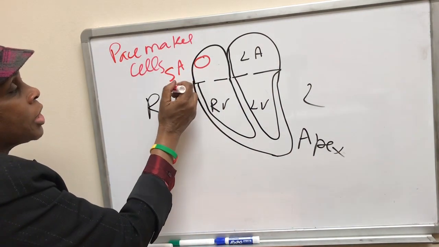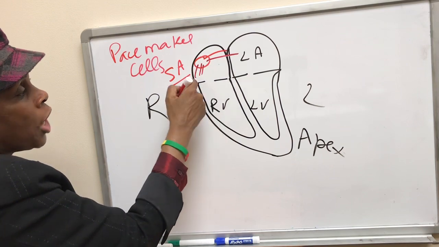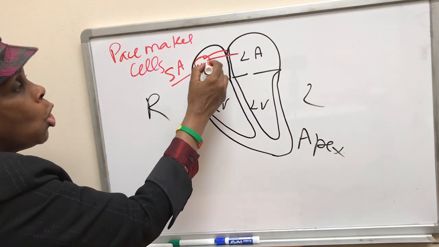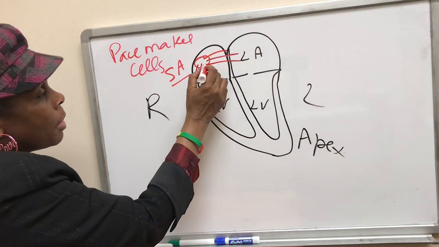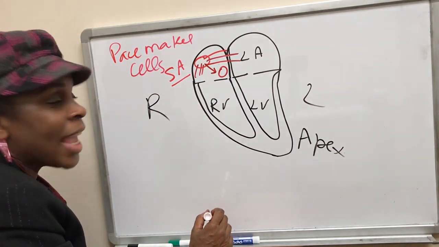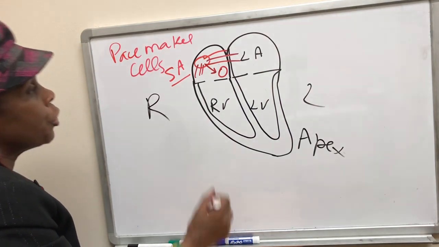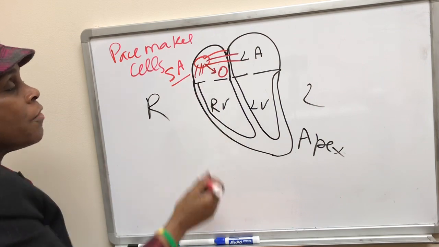This pacemaker cell, the SA node, will spread the impulses not only to the right atrium, but across the left atrium also. At the same time, it will send the impulse to another node called the AV node, between the atrium and the ventricle.